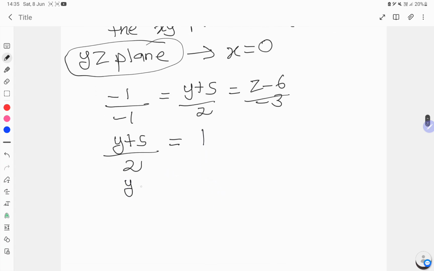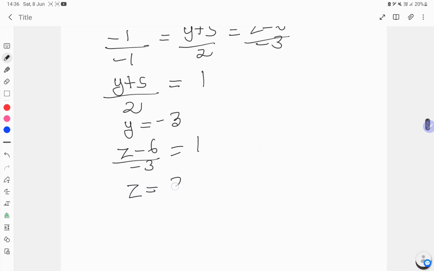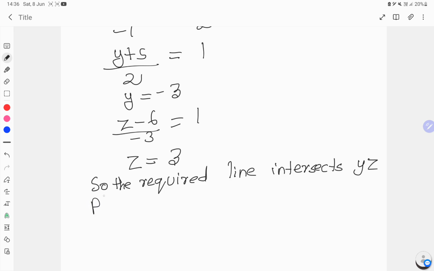Therefore y equal minus 3. Likewise, z minus 6 over minus 3 equal 1, z equal 3. So the required line intersects the YZ plane at x equal 0, y equal minus 3, z equal 3.